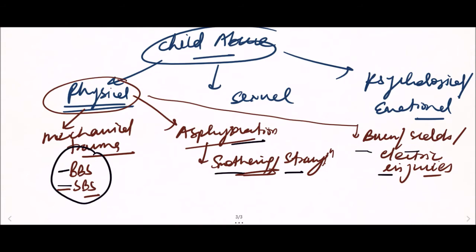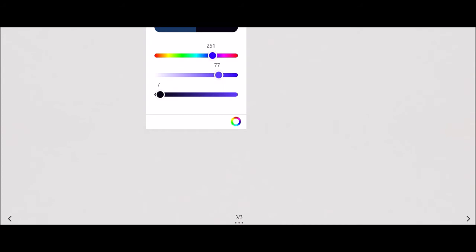Now, a very important question that is frequently asked in various entrance as well as PG university examinations and UG examinations also is the syndrome known as battered baby syndrome.